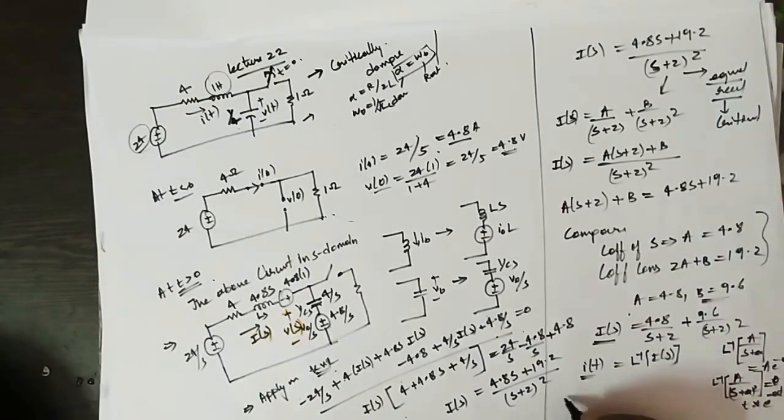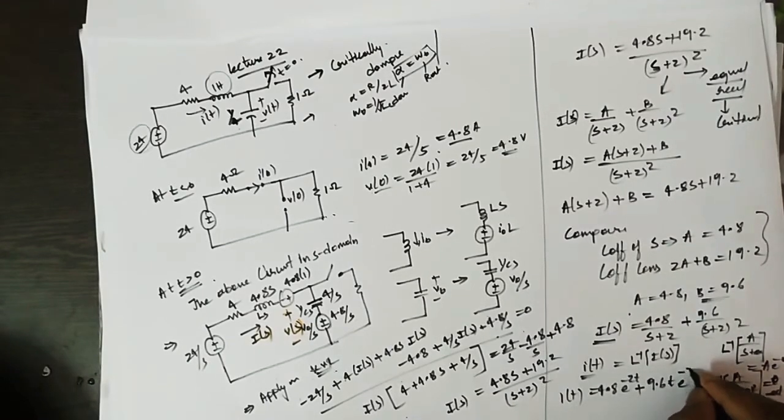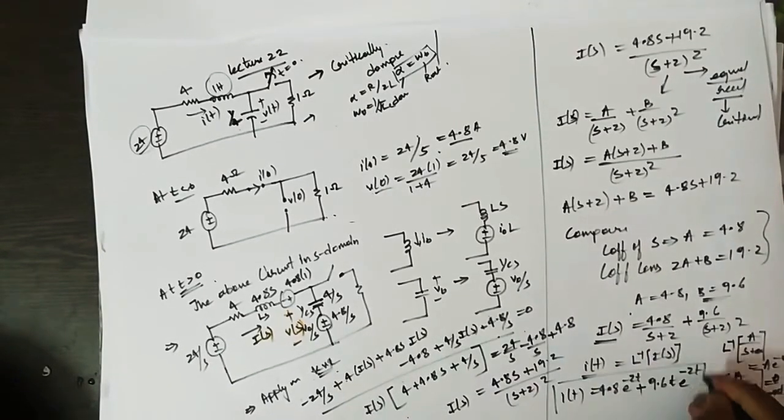So therefore I of t can be represented as 4.8 into e power minus 2t plus 9.6 into t into e power minus 2t. This is the final expression of I of t.